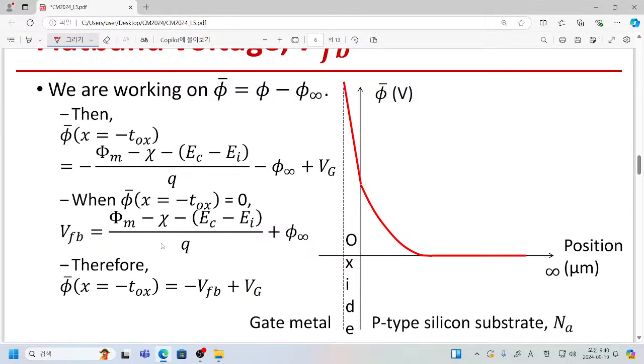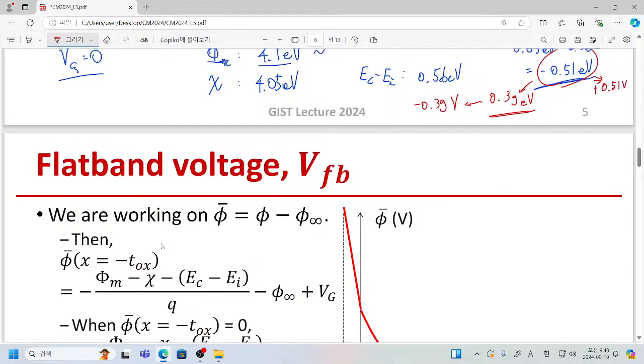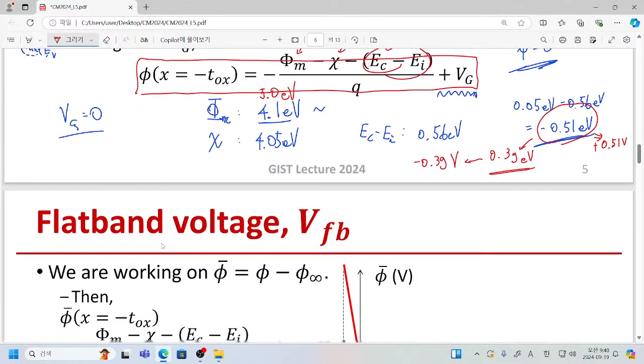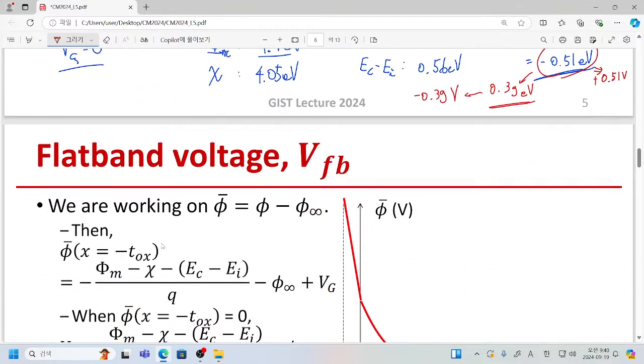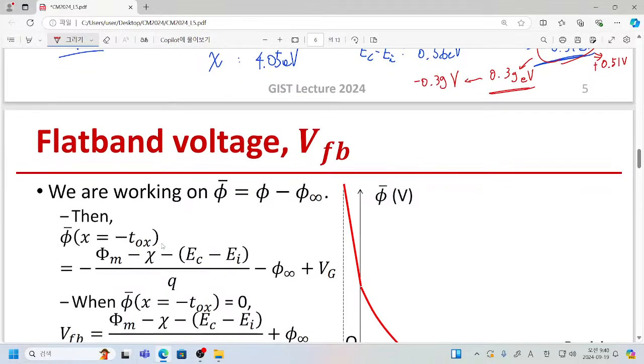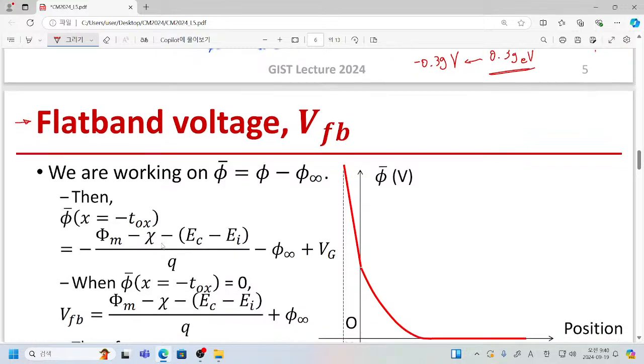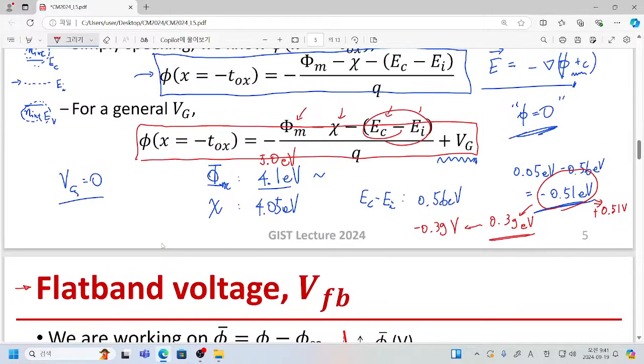So now let's consider this one. Since this is quite long and lengthy, we want a more intuitive expression for this value, the flat band voltage. Up to now we have discussed the electrostatic potential at the minus T ox point.